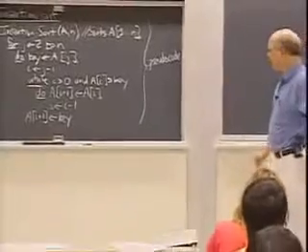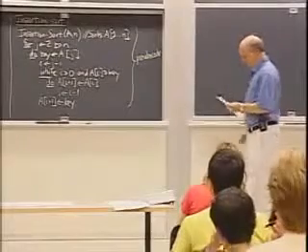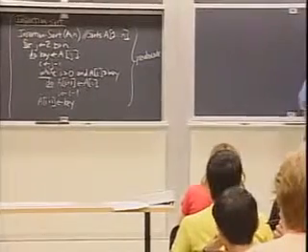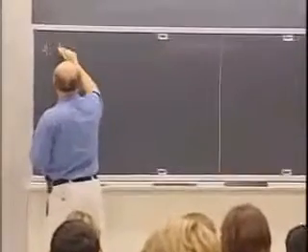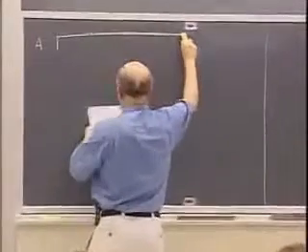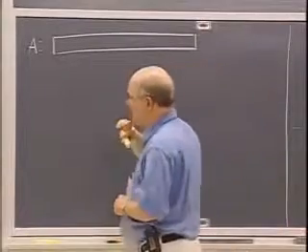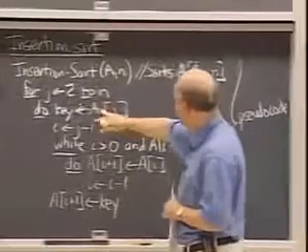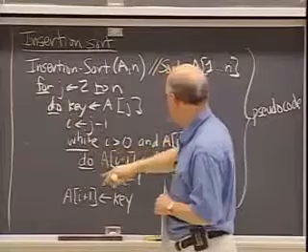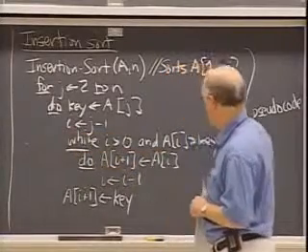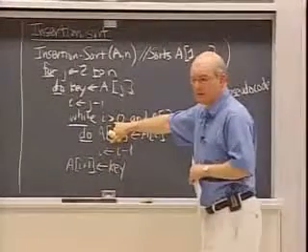So this is insertion sort. Let's try to figure out a little bit what this does. It basically takes an array A, and the thing to understand is, we're running the outer loop from j is 2 to n, and the inner loop that starts at j minus 1 and then goes down until it's 0.